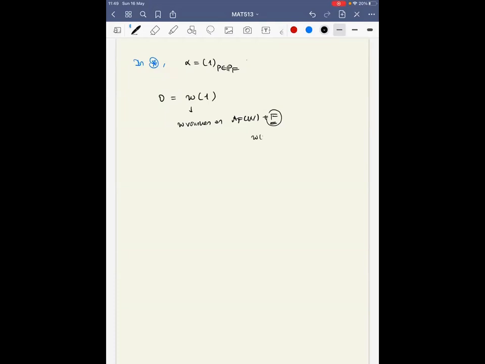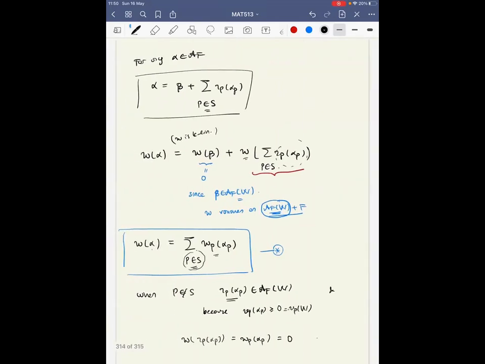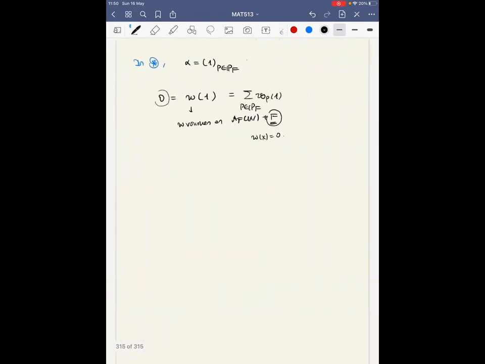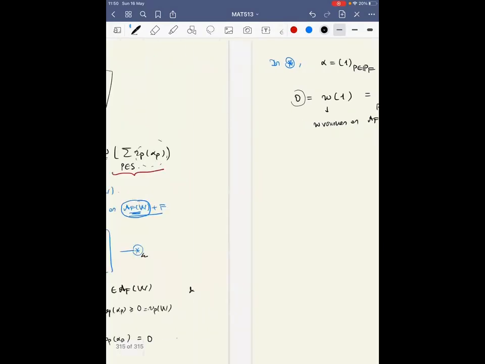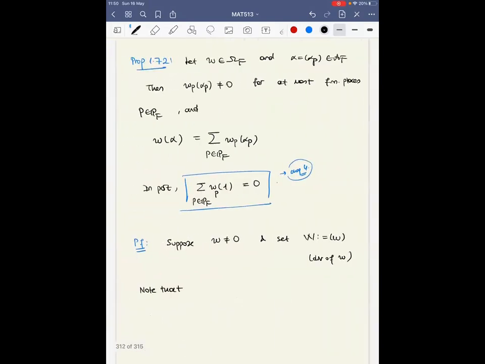So indeed it is 0. And this shows us the first equality. And the second, the right hand side of this identity, this equation, is determined by this equality. So, indeed, this completes the proof.